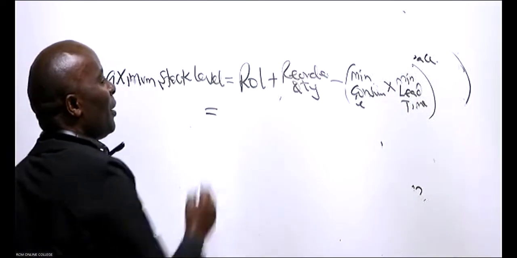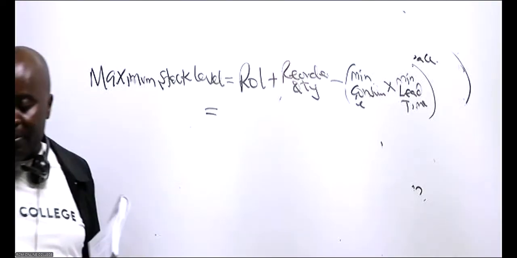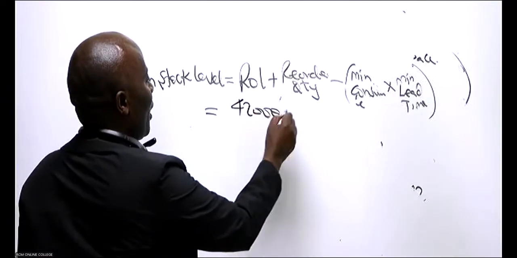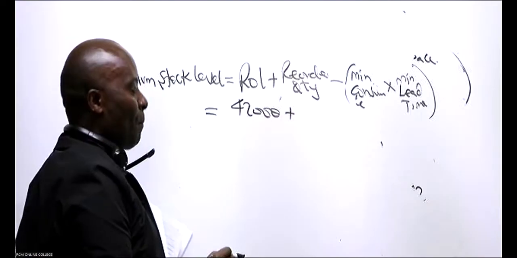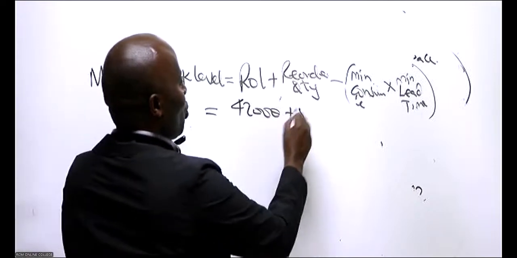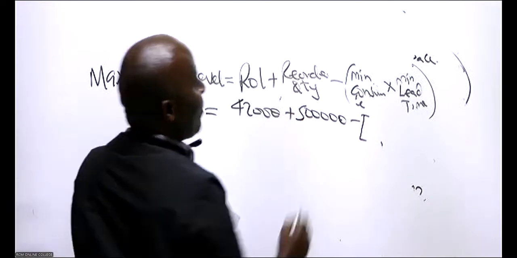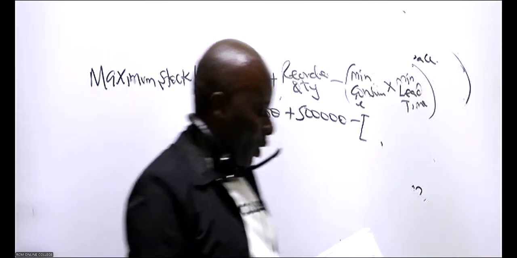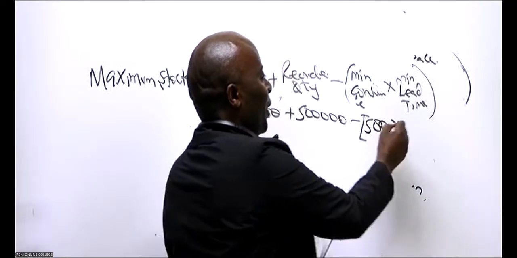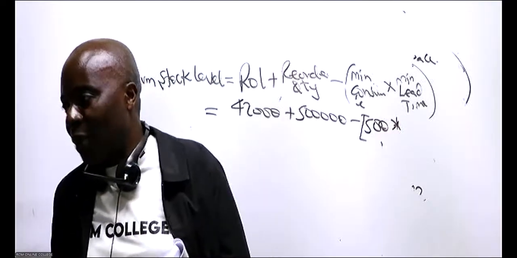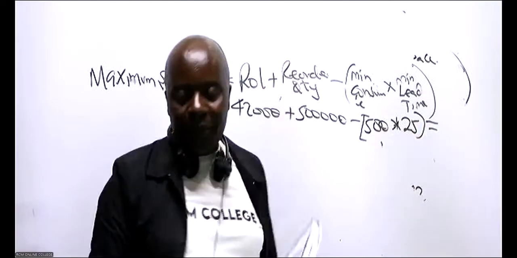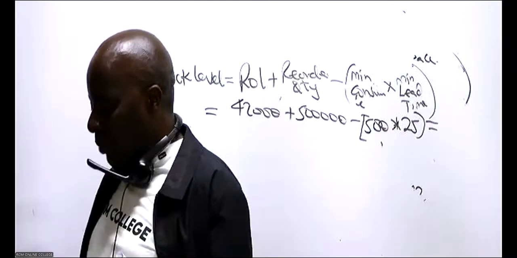The reorder level we calculated up there is 42,000. The reorder quantity is 50,000, so plus 50,000 minus minimum consumption. The minimum consumption per day is 500, and the minimum lead time is 25. Put it in brackets and give me an answer.